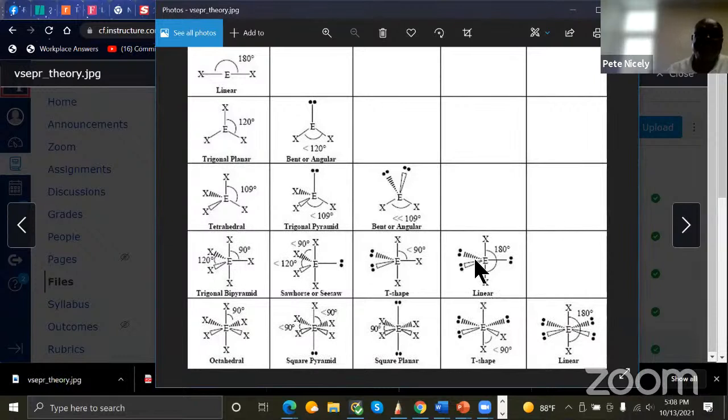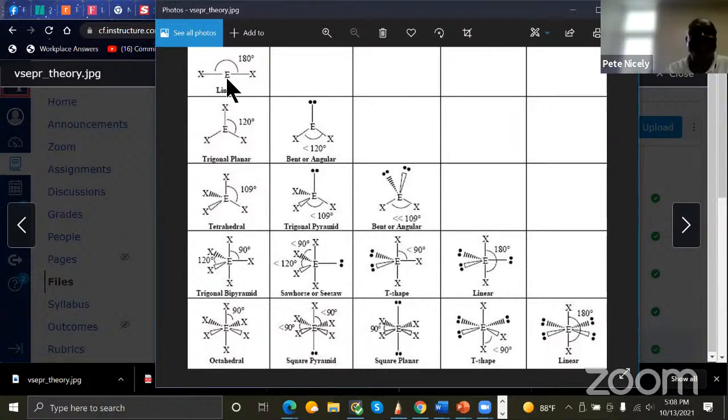Now, for our level, introductory chemistry level, you'll only be using up to the third line. So here, here, and here, all right? You won't be using the last two here. That's for General Chemistry 1. So basically, let me explain what's happening here. In each case, the E represents the central atom, and the X represents the atoms that are bonded to the central atom, all right?